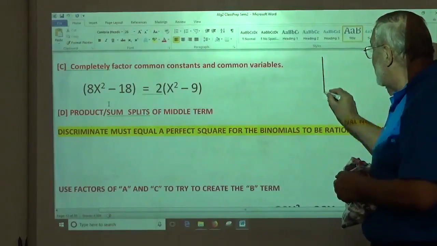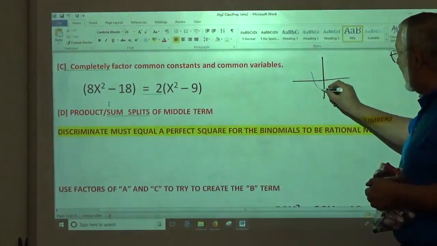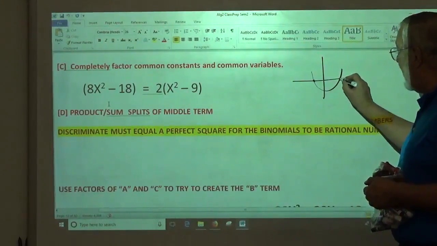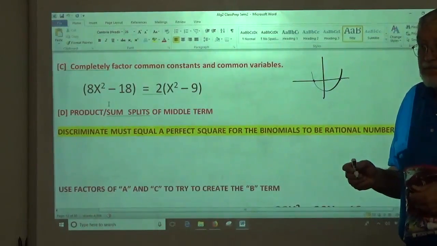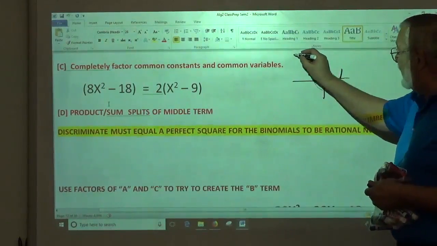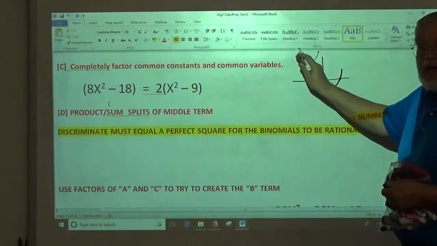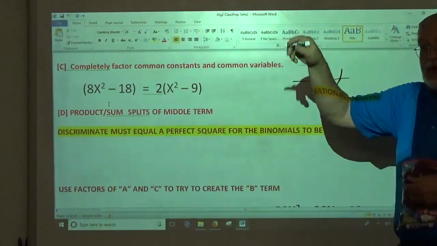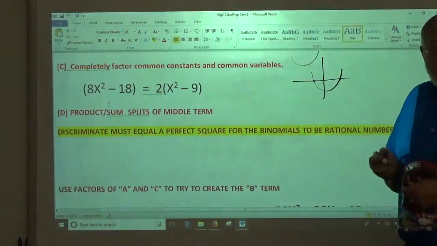All right, so if this is my coordinate plane, if I go like this, I have a negative and a positive solution, right? If I'm up here, the x squared is positive because this is opening up, but I have the square root of a negative number for the discriminant, and so I have no real solution.